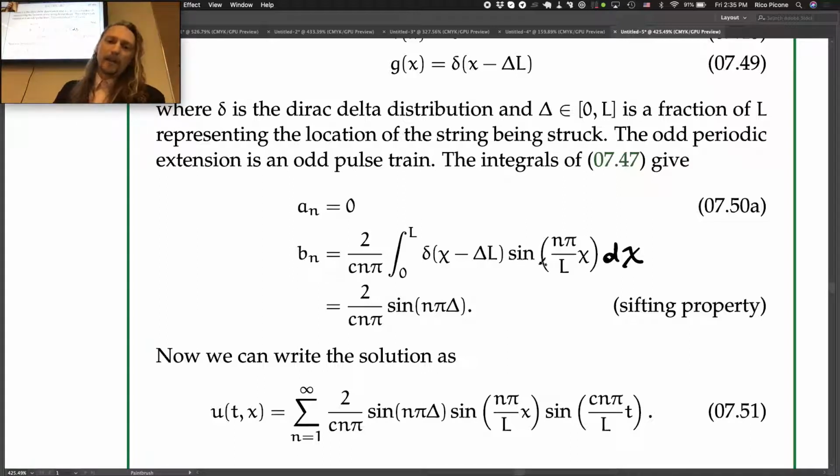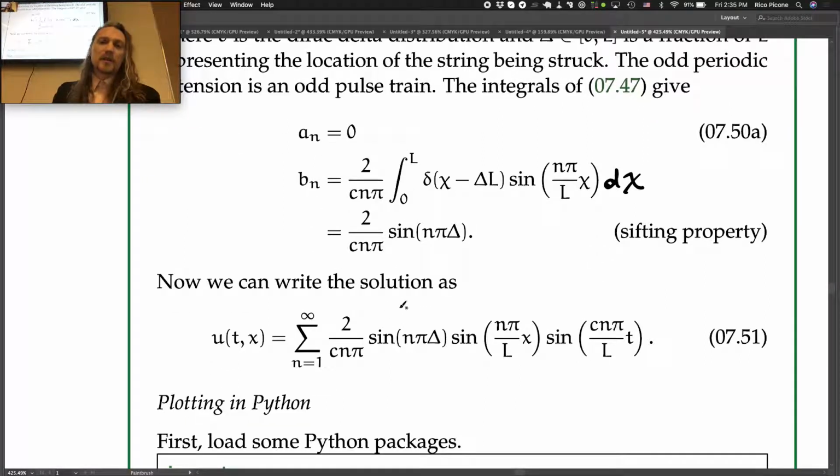So that happens at delta L. So we plug delta L in for chi, and that gives us our integral. And the L's cancel, so you have n pi delta inside the sine, and it's a nice simple expression for bn. Pretty sweet. We can now write the solution.